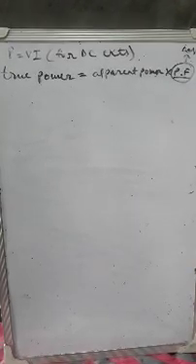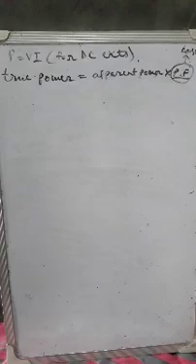Now if the voltage and the current are in the same phase, then theta will be equal to 0 and cos theta will be equal to 1. In this condition, the AC circuit consumes the maximum power.